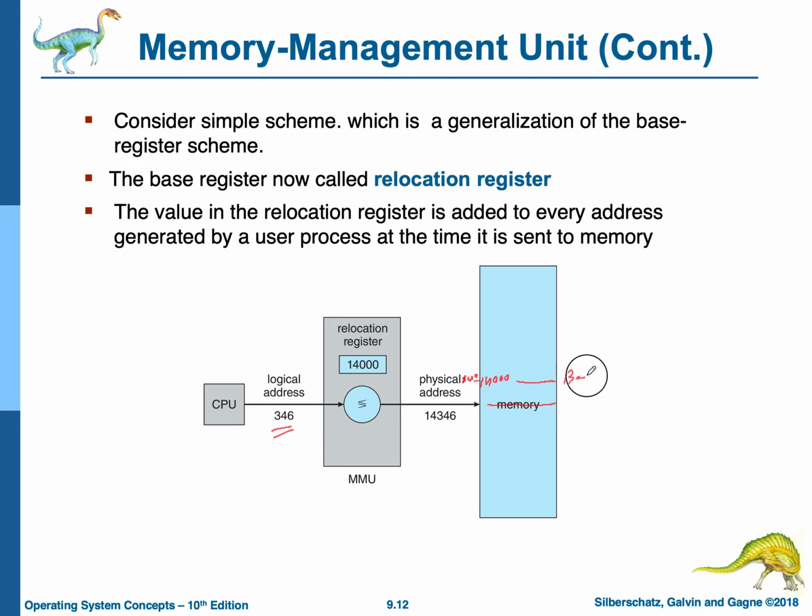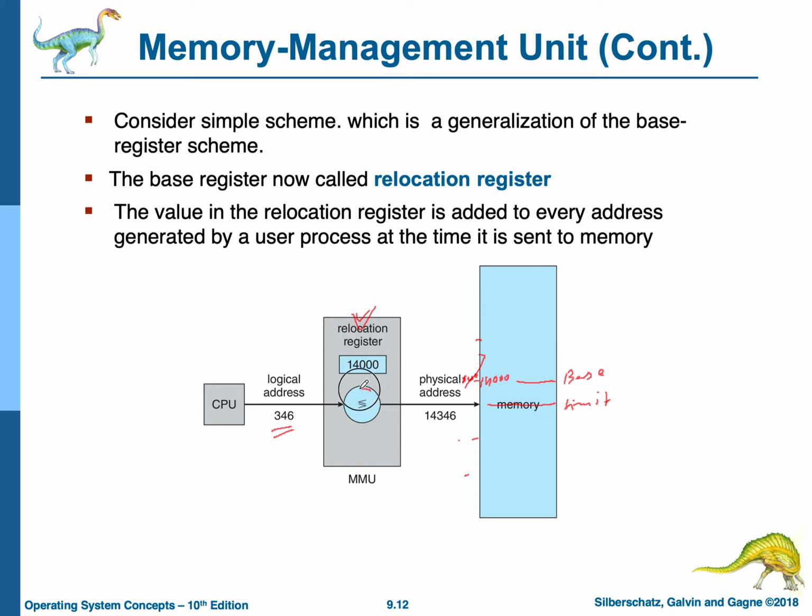Because at runtime we don't know where the program will be placed, sometimes here, sometimes there, we call this a relocatable address, because every time it sees the occupied spaces and then decides whether it should go or not.